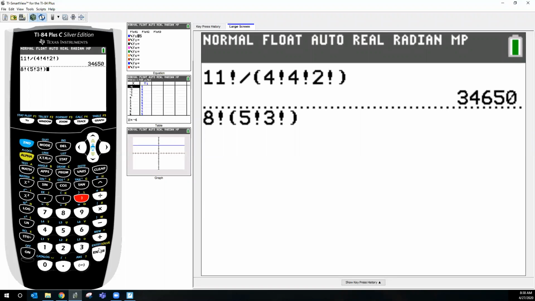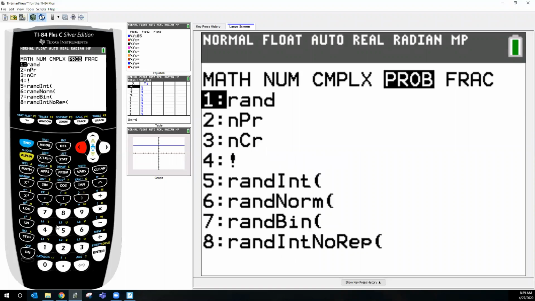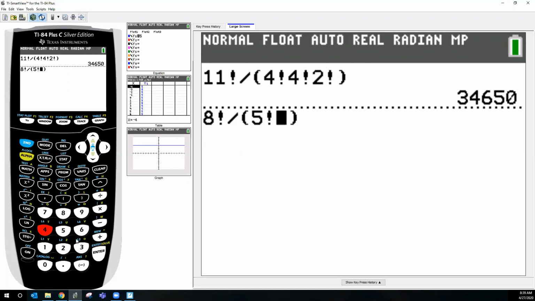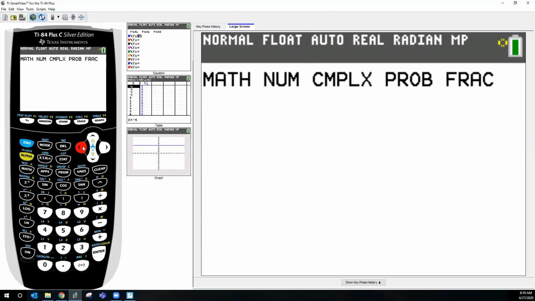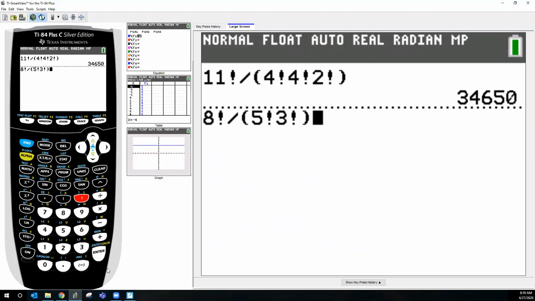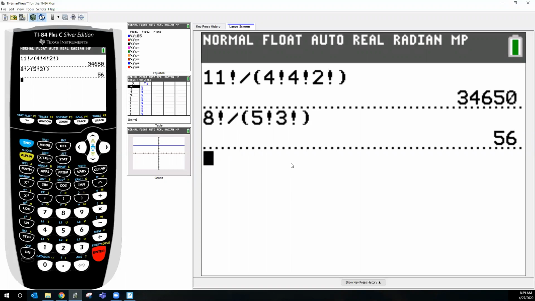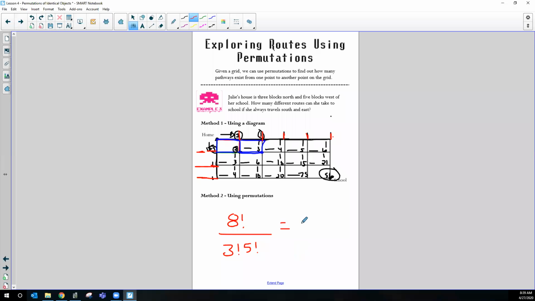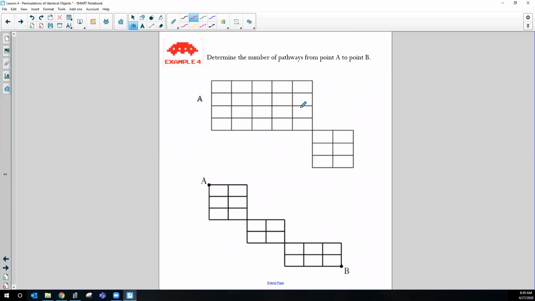And it will come out, oh, I didn't put the division. 8, you have to redo this here. And 3. And there you go, 56. So if you count the number of down and across, and then divide it by the repetition, you will get the same number. And this will help when we go to do ones that are broken up.